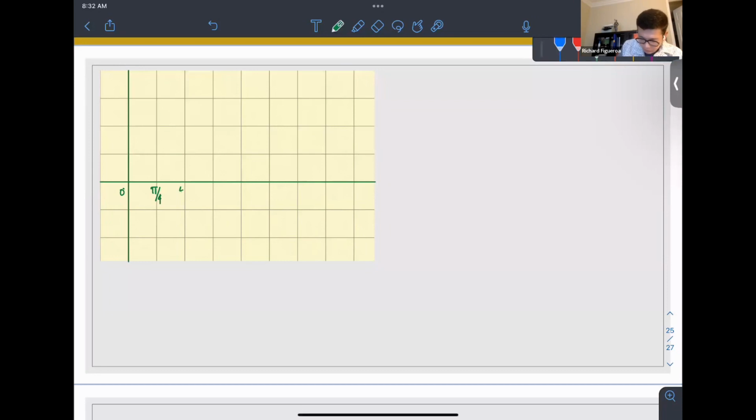Then we have pi over 2, then 3 pi over 4. And lastly, we have pi afterwards.